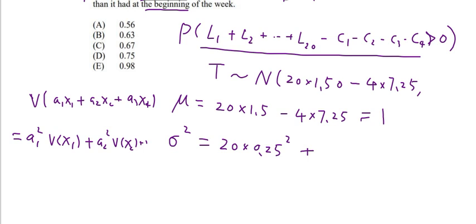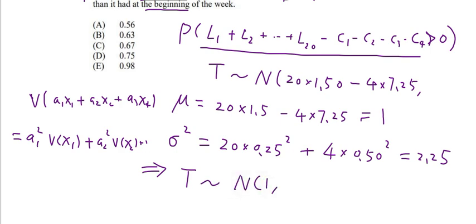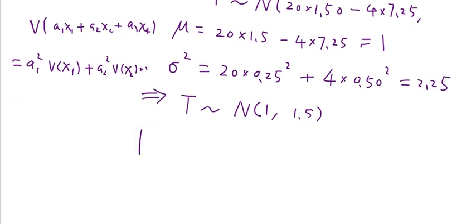So this becomes 4 times the variance for C. So C is 0.50 squared. So we find this equals 2.25. Okay, so we know T follows this normal. Mean is 1, and standard deviation actually becomes 1.5, right? Sigma becomes 1.5.